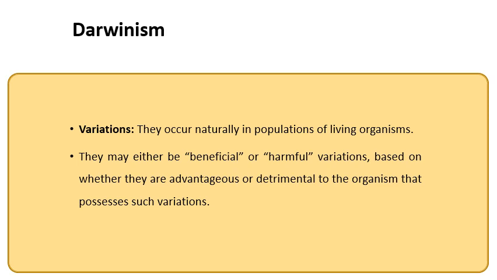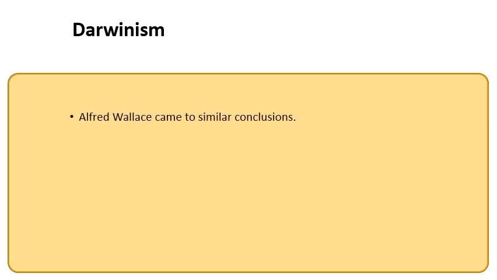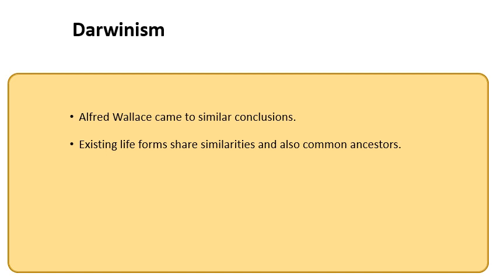Now, the next important concept of Darwin is survival of the fittest. An organism with useful variation will survive on the earth because it is considered the fittest, and the organism with harmful character or harmful variation will undergo death. So this is the next concept of Darwin, that is survival of the fittest.